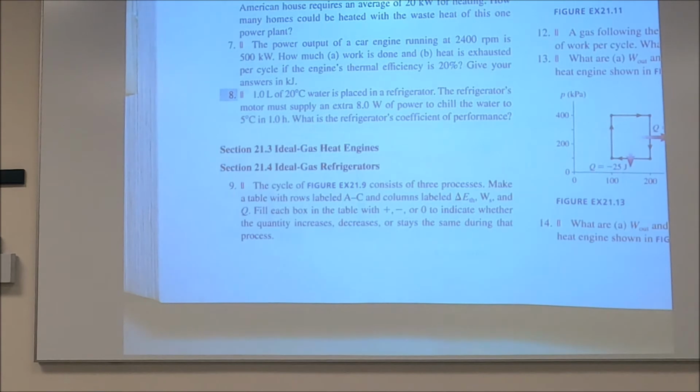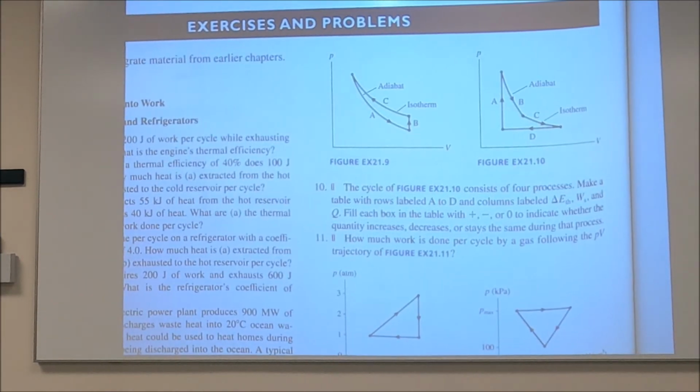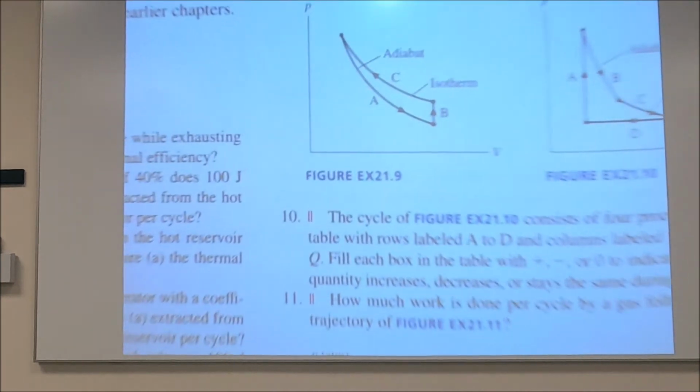Make a table with rows labeled A through C and columns labeled change in thermal energy, W, S, and Q, and fill in each box of the table with a plus, a minus, or a 0 to indicate whether the quantity increases, decreases, or stays the same during the process. So let's blow this up a little bit.